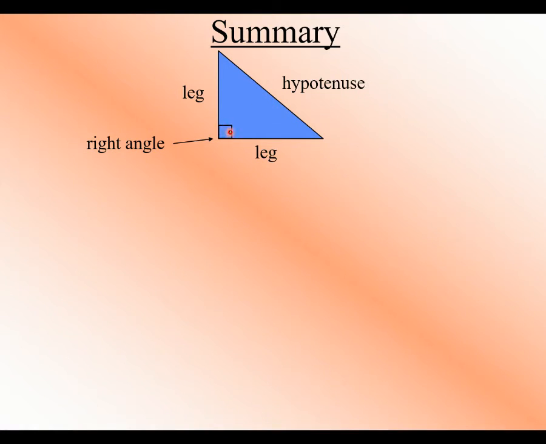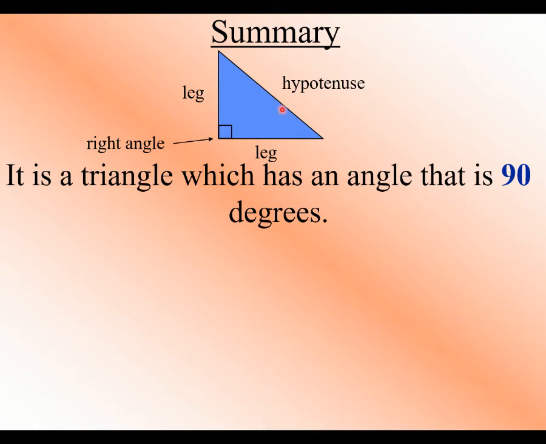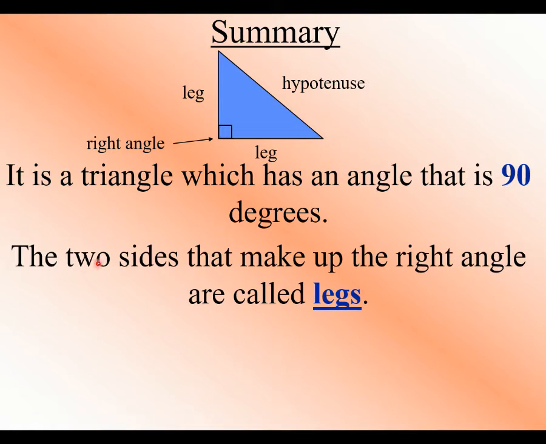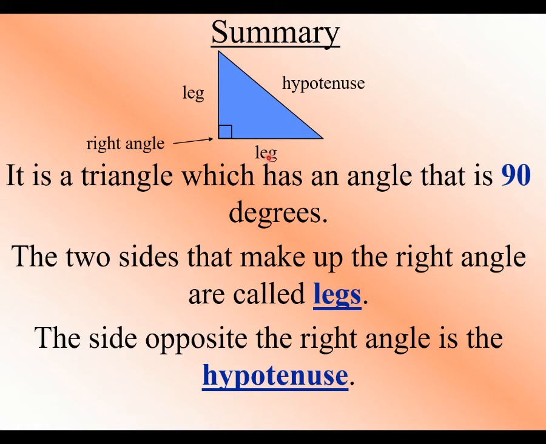This little square indicates 90 degrees. A triangle which has an angle that is 90 degrees is a right angle triangle. The two sides that make up the right angle are called legs. So this is a leg and this is another leg. The side opposite to the right angle is known as the hypotenuse.